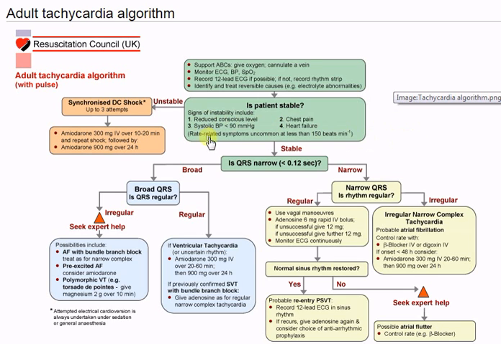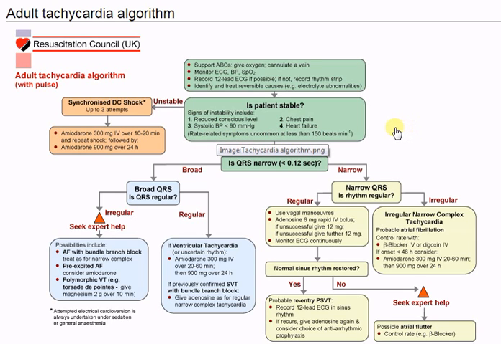The third, you need to measure the blood pressure. If the systolic blood pressure is below 90, that's a sign that is really important and really easy to take.